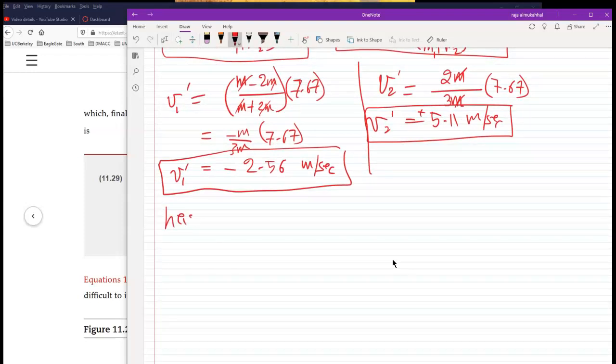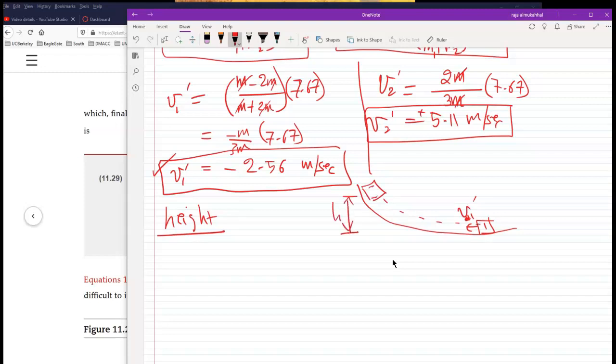And then the last part asks, what is the height? To find the height reached, we just use conservation of energy. Here is block 1 moving with velocity V1 prime, and it's going to go up. The block will stop here, and here is the height. Here it's all kinetic energy, 1/2 m v1 prime squared, and there it's all mgh. Equate them together.